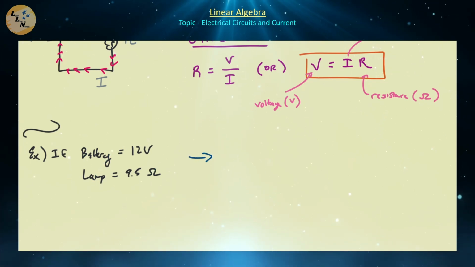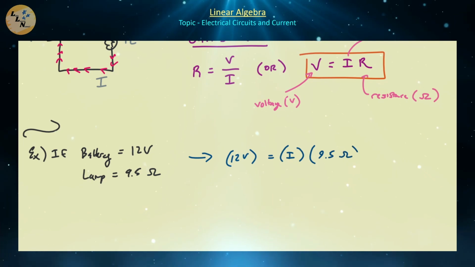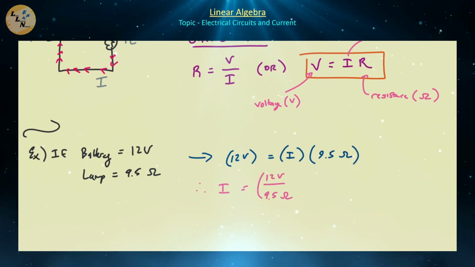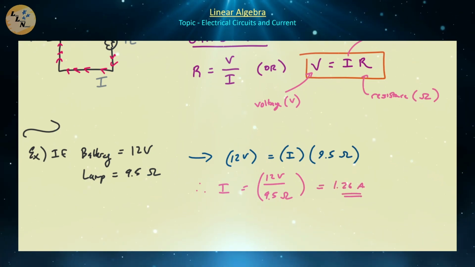So from Ohm's law, we have that 12 volts V is equal to the current, which we do not know, times the resistance of 9.5 ohms. So we can simply solve this equation for I. So we have that the current at any point in that path, in particular the current across that resistor, is going to be 12 volts divided by 9.5 ohms, which is going to come out to approximately 1.26 amps, right?